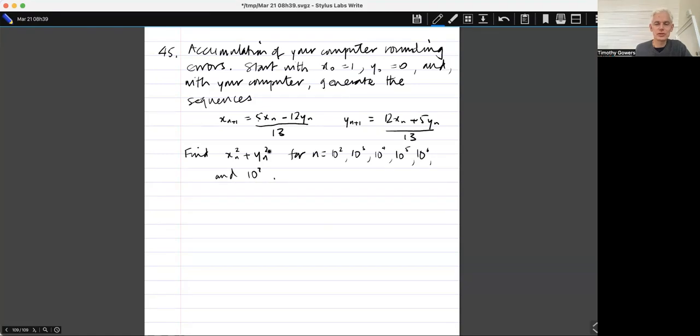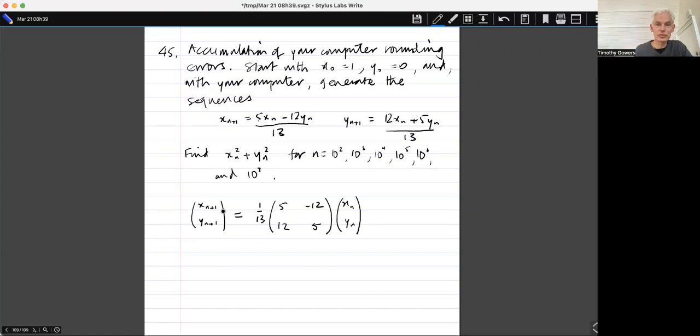I ought to be able to represent this as a matrix. In fact, I can, so let me just do that as a matrix multiplication. So (xn plus 1, yn plus 1) equals a 13th times the matrix with rows (5, minus 12) and (12, 5), times (xn, yn).